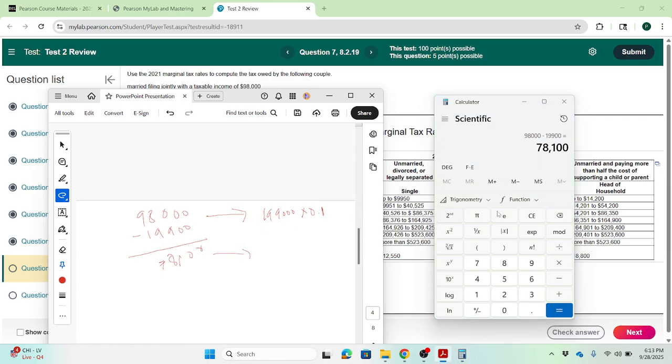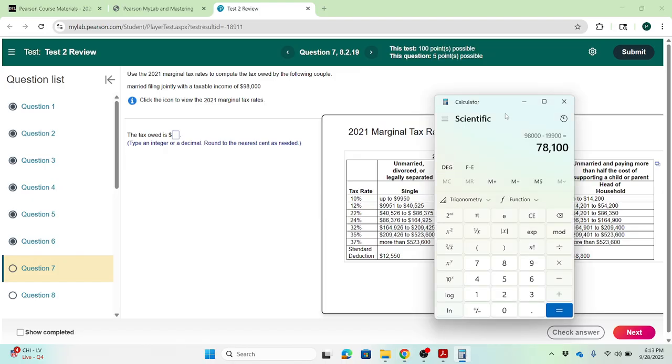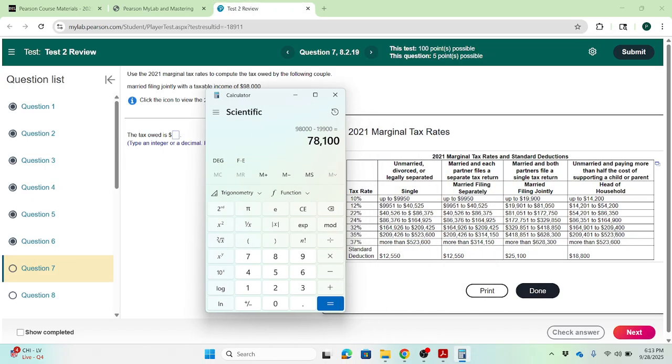So out of this 78,100, if you look at the second row for the 12%, it's the difference between 81,050 and this number. Our number is greater than that. So the difference is 81,050 minus 19,900, which is 61,150.